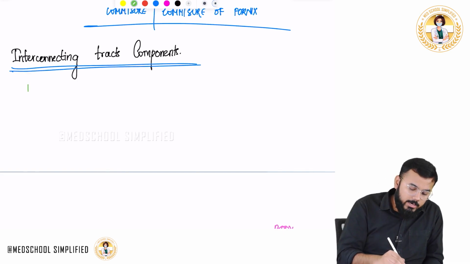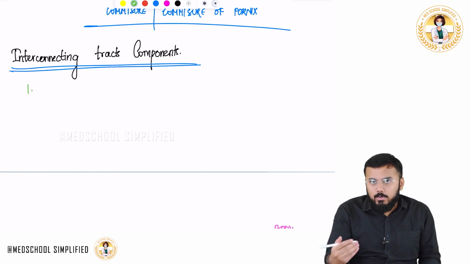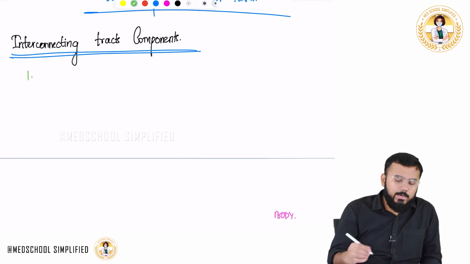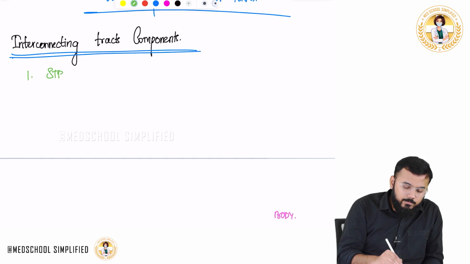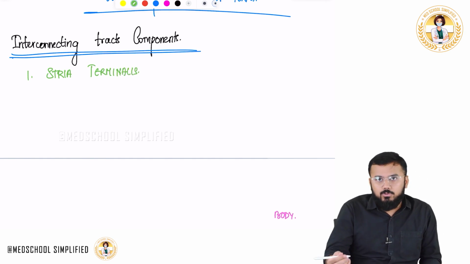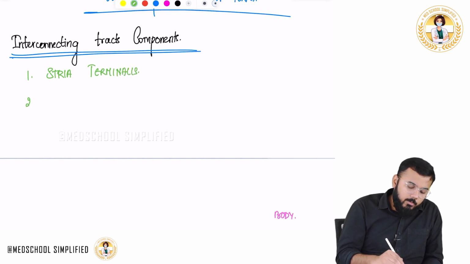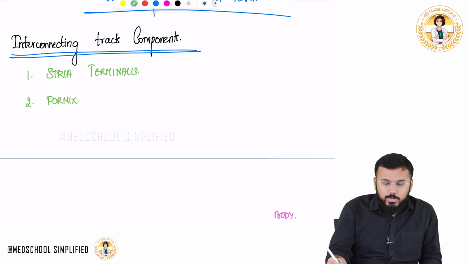The first important thing which is connecting the cortical from the subcortical is called stria terminalis. I hope all of you have seen where stria terminalis is located. Second important part is your fornix. You have also seen where the fornix is located.